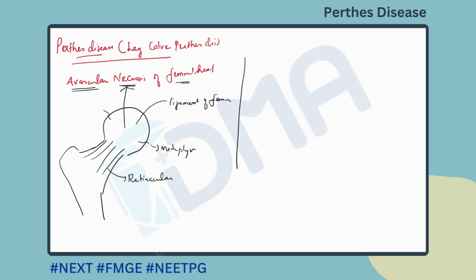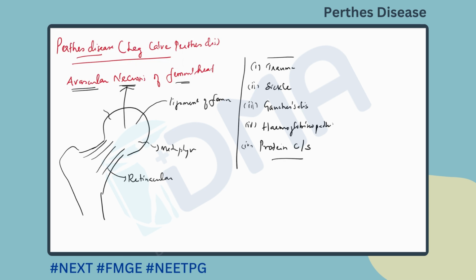This condition can occur because of trauma, because the blood supply can get cut off. Or it can occur in conditions like sickle cell disease, Gaucher's disease, other hemoglobinopathies, and protein C or protein S deficiency.